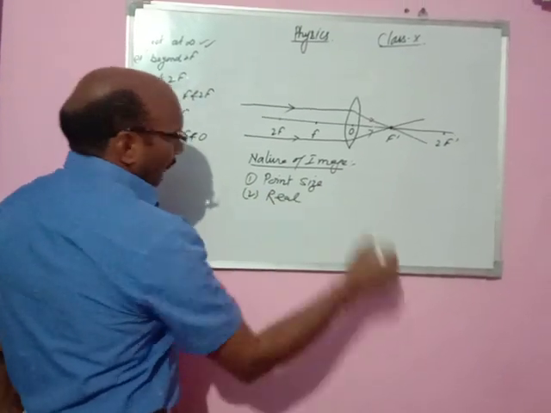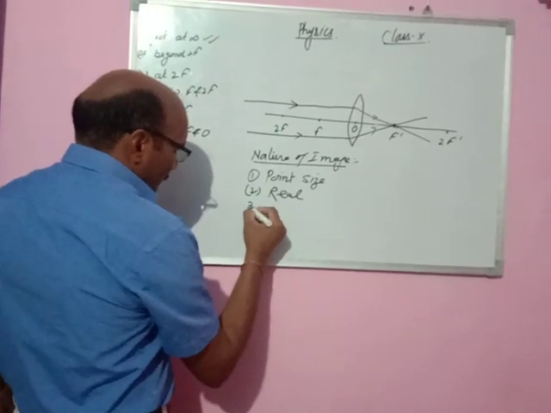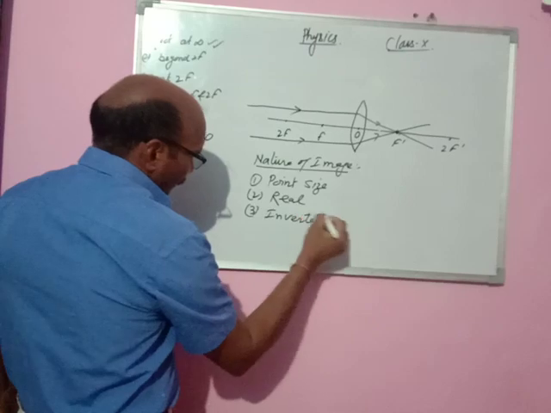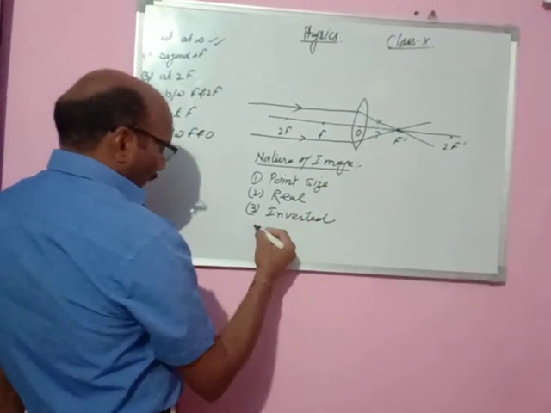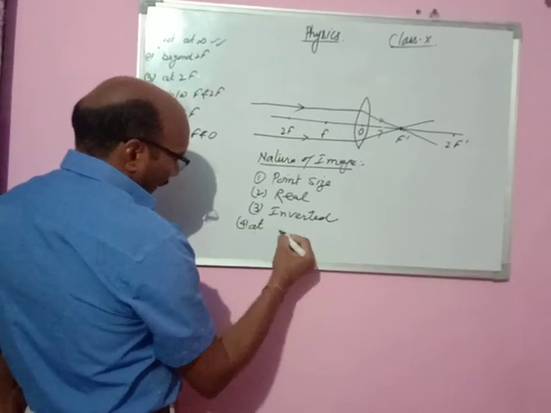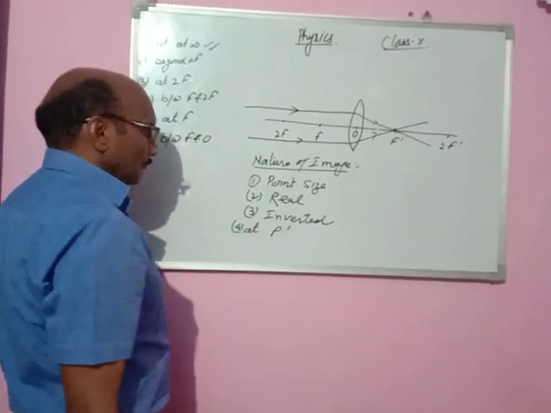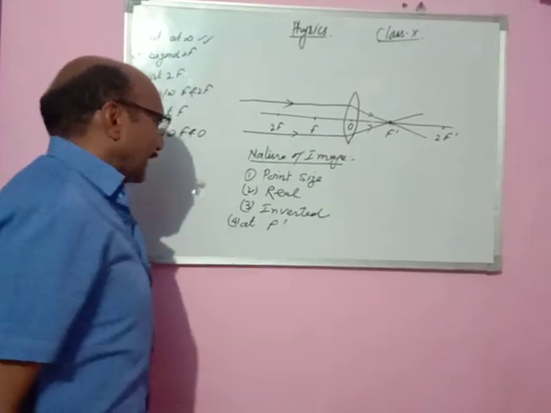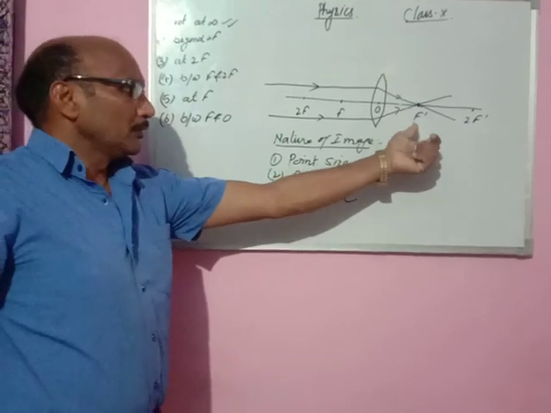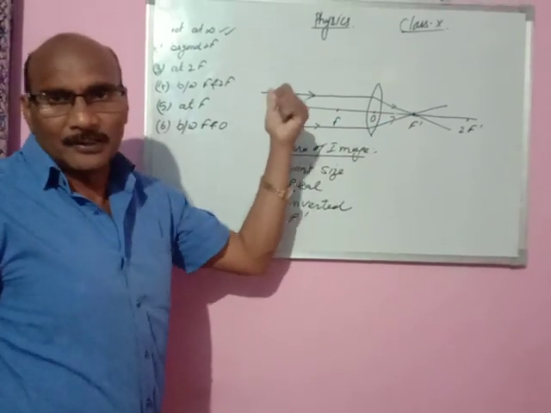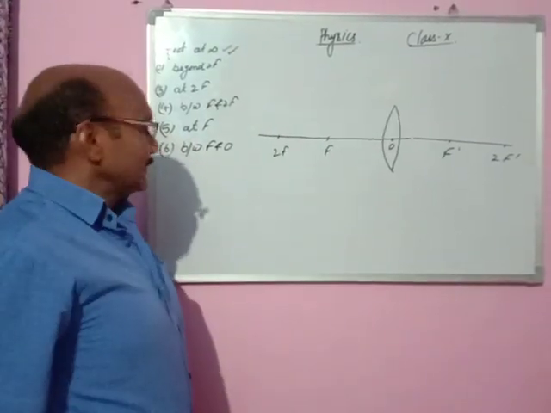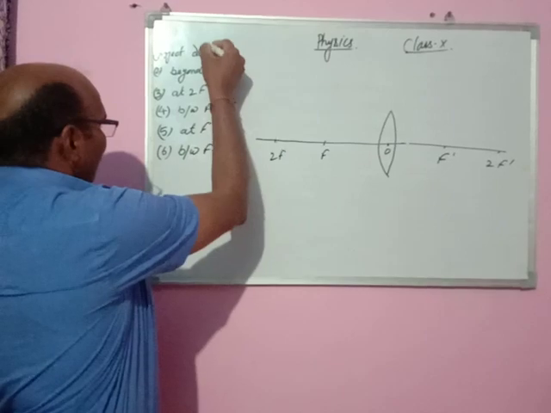Number 2, inverted. Number 3, at F dash. These are the characteristics of the image which is formed when the object is at infinity. Okay, so this condition is over.